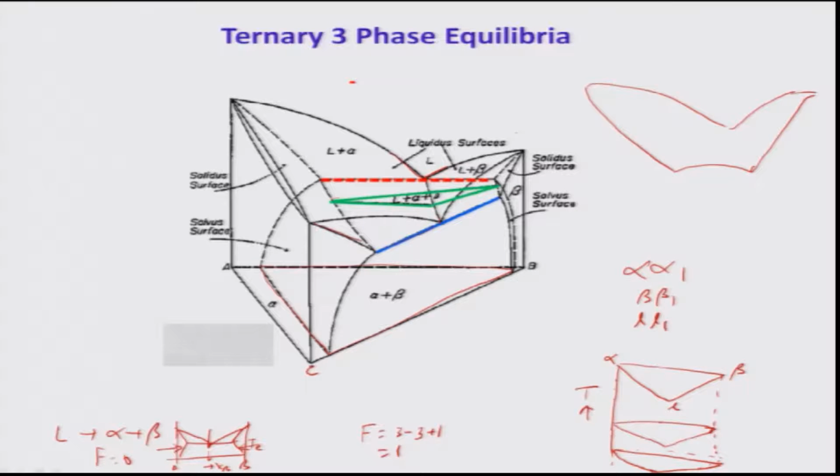What do the solvus lines tell you? They tell you how the composition of the alpha and beta phase is changing as a function of temperature. Similarly, here also they are going down as you see here. That means as the temperature decreases, beta is becoming richer and richer in B, alpha is becoming more and more rich in A or C. So, that is why the triangle will expand, okay.